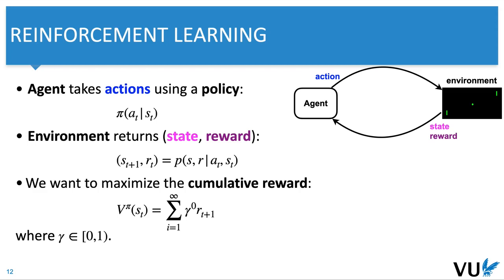And what we can maximize, and in this case this is what we want to maximize, is the cumulative reward, where we define some discount factor gamma. So in a given state, you want to make actions and observe what the rewards are.